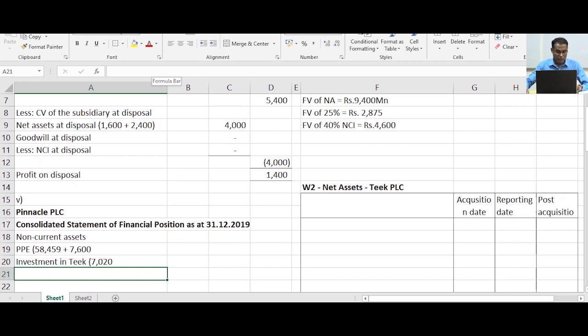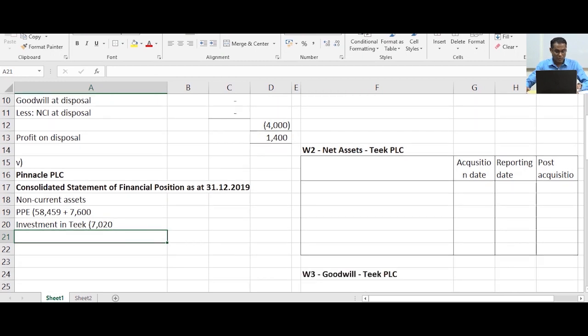Before you write down the current assets, you should remember you need to keep a space for the goodwill calculation. Goodwill of Teak PLC, because there will be a goodwill figure. You need to keep a space that will be coming from working number 3 of the question. Normally you also need to keep a space for the investment in associate, but in this question you are not required to, because Teak PLC is no more an associate at the year end.